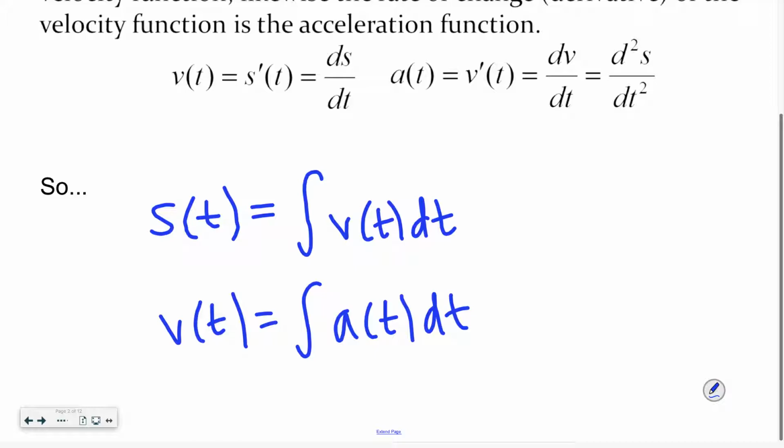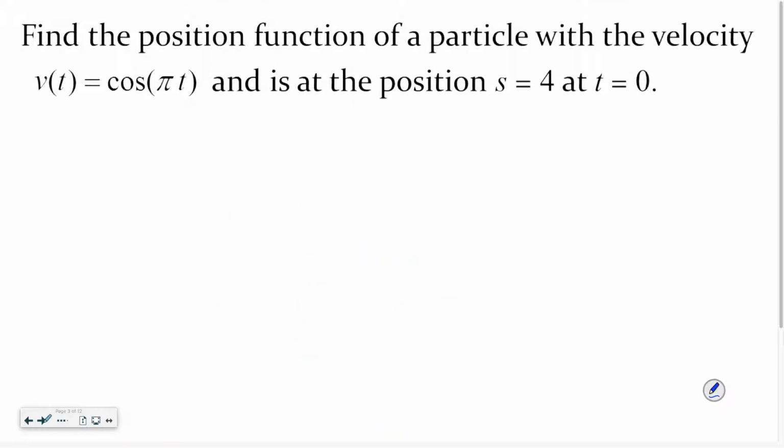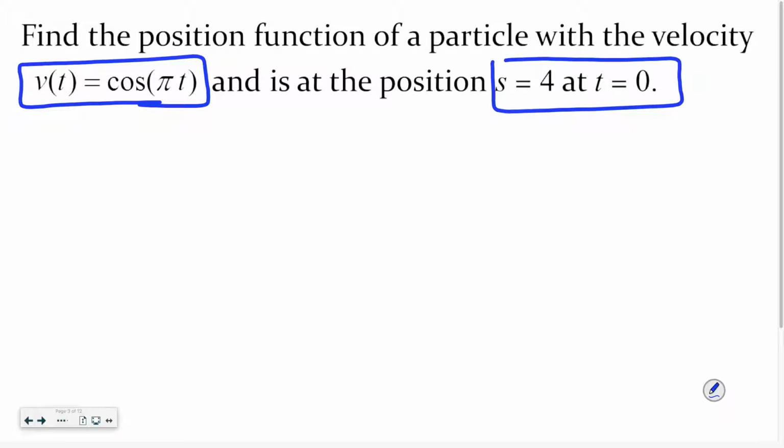So in these problems, you're going to get an equation with a condition where you'll be asked to find that constant. So go ahead and write down that we have a velocity of cosine of pi t, and our position is 4 at t equals 0.